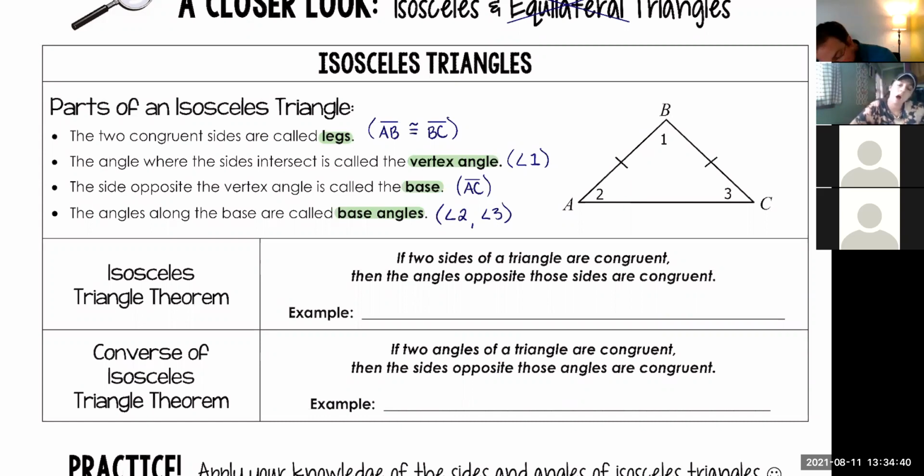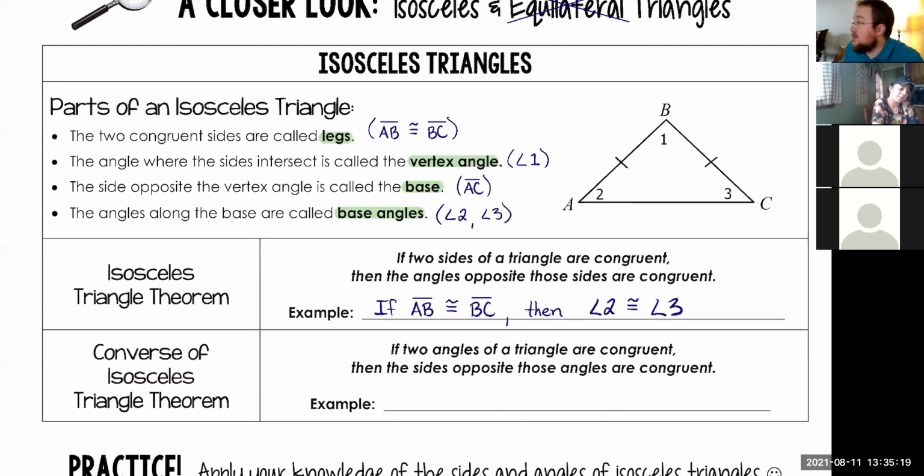So in the diagram above, basically what that's saying is if side AB, which is one of the legs, is congruent to side BC, which is the other leg of this isosceles triangle, then if we know that to be true, we've already been told that, then we can automatically jump to the conclusion that angle 2 is congruent to angle 3 without any other notation or anything.